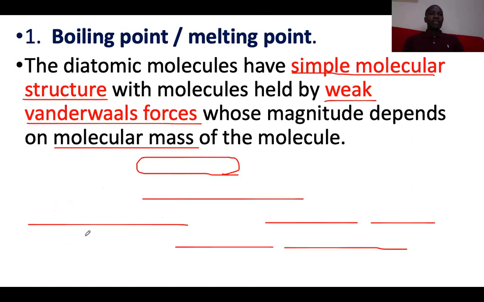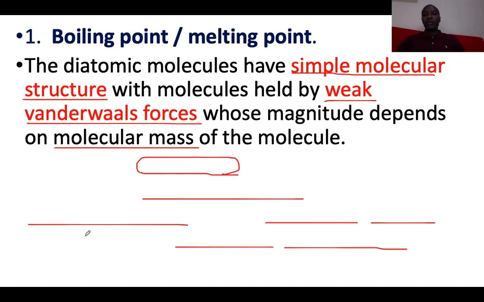The boiling points, we know very well that we've seen it generally increasing down the group. And we're saying that for the boiling point and the melting points of group 7, we have to think and see that the atomic molecules have simple molecular structure.